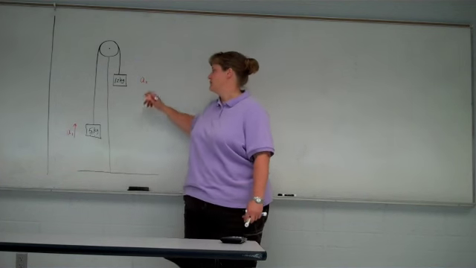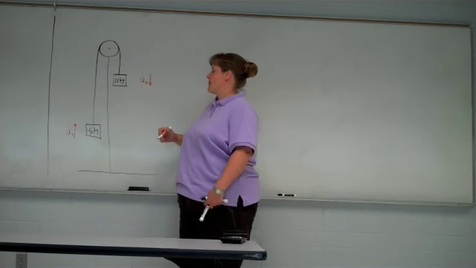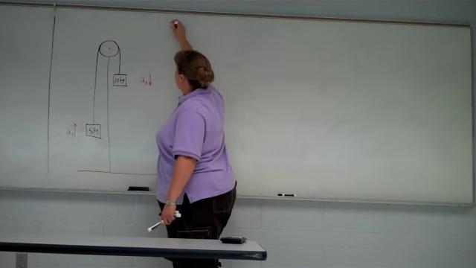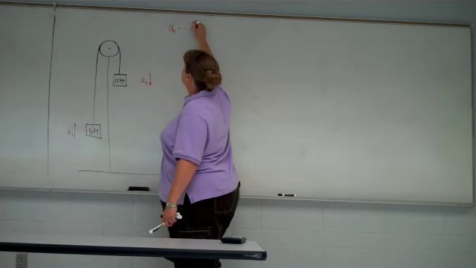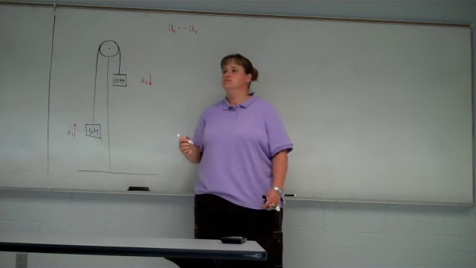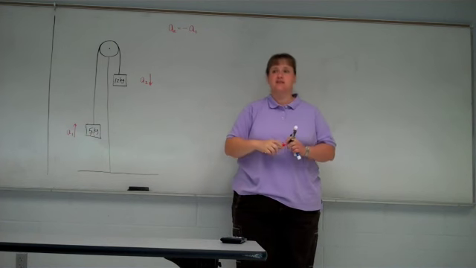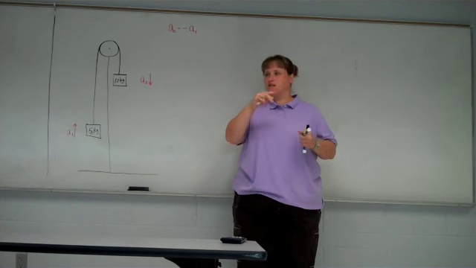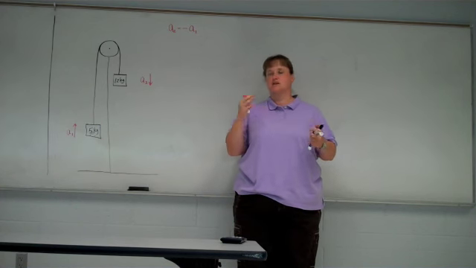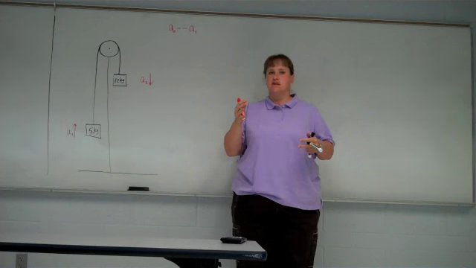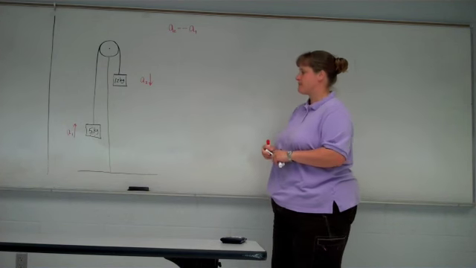Yes. So A2 is equal to negative A1. They're going to have the same magnitude because they're attached to a rope that's not going to stretch, it's not going to break, it's not going to get shorter. So their accelerations will be the same.